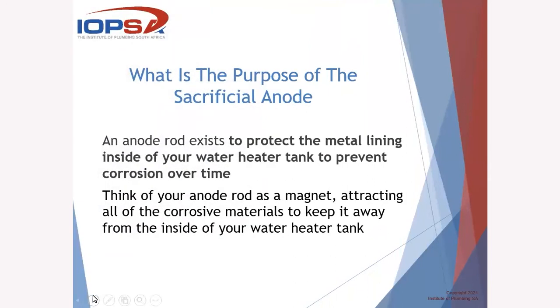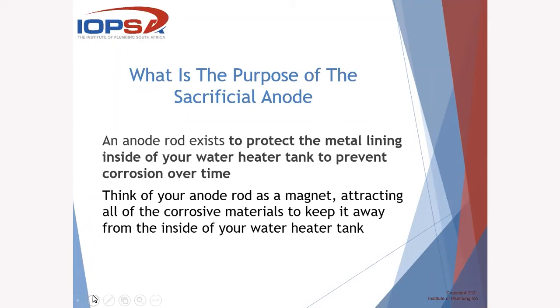So, as we said, the anode rod exists to protect the metal lining inside your water heater tank to prevent corrosion over time. So think of your anode rod as a magnet, attracting all the corrosive materials to keep them away from the inside of your water heater tank.